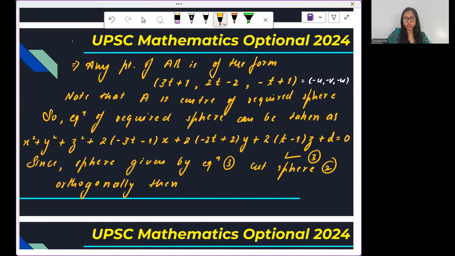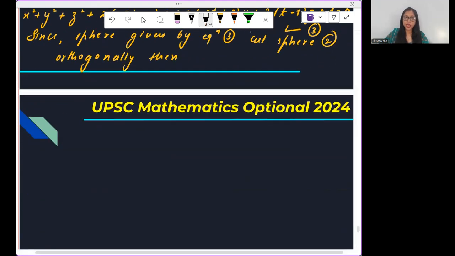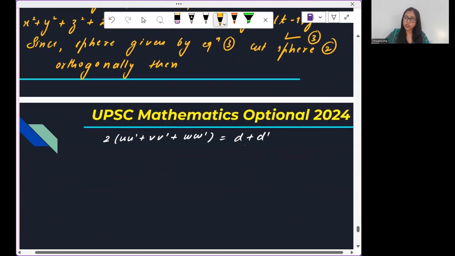Just to remind you, what was the condition? If I take the general equation of a sphere as x square plus y square plus z square plus 2ux plus 2vy plus 2wz plus d is equal to 0, and similarly for another sphere, just take u prime, v prime, w prime and d prime, then the condition is 2 times (uu' plus vv' plus ww') is equal to d plus d'. We know that they cut orthogonally, so this condition is satisfied.